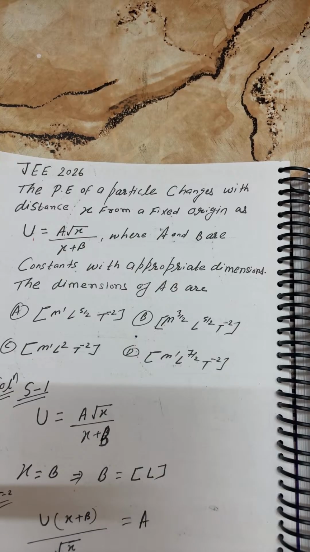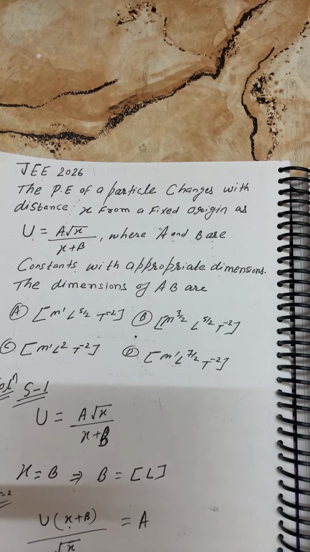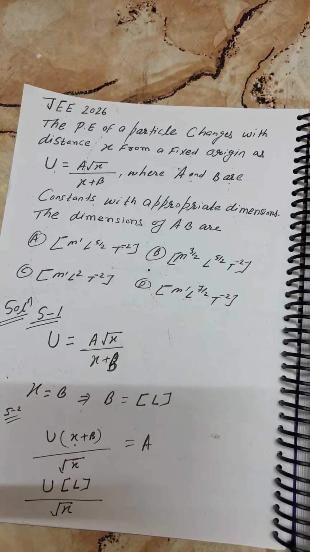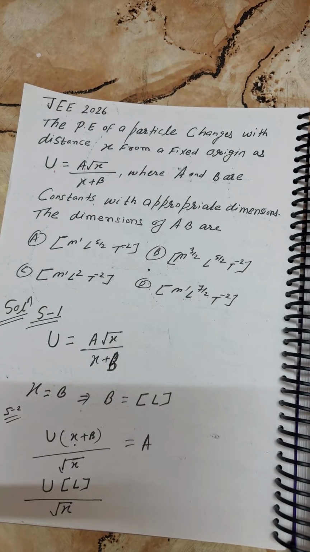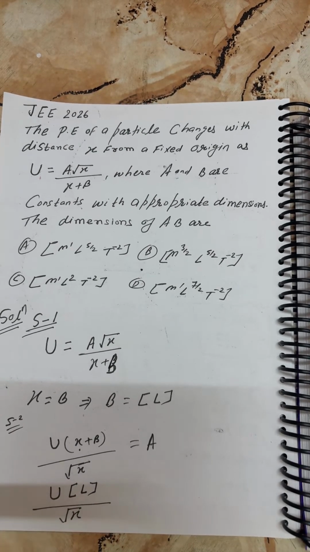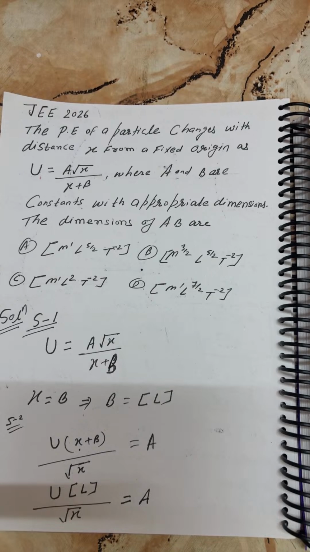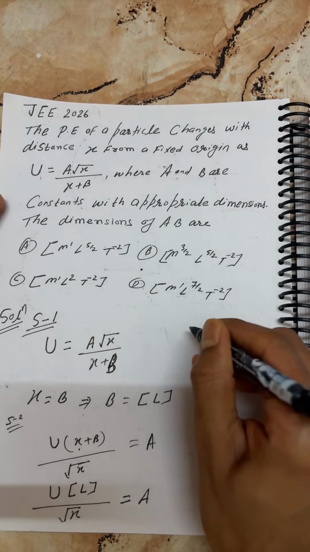You can write simply this is U, and the dimensional formula of x and b both remain the same, so simply this is L. Now this is root of x, which is equal to A.